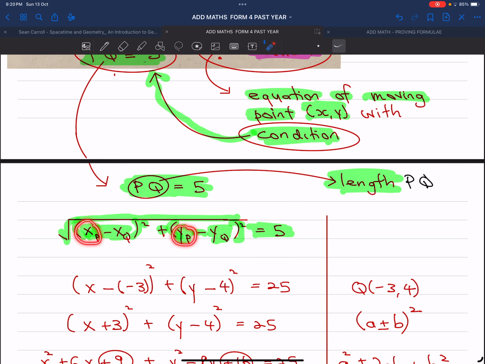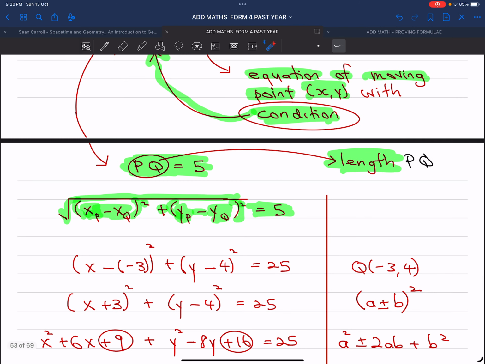The next step would be to cancel the square root. How do we do that? We square both sides. So now the square root and square will cancel.